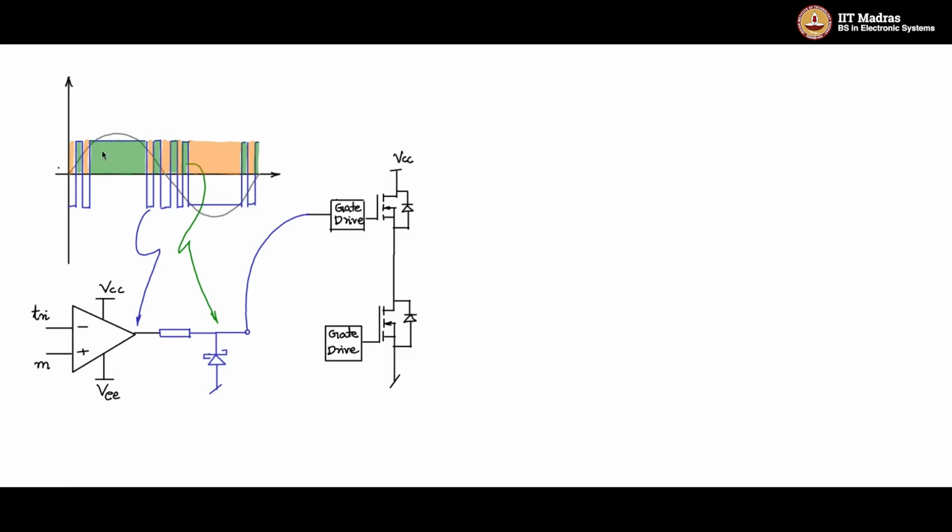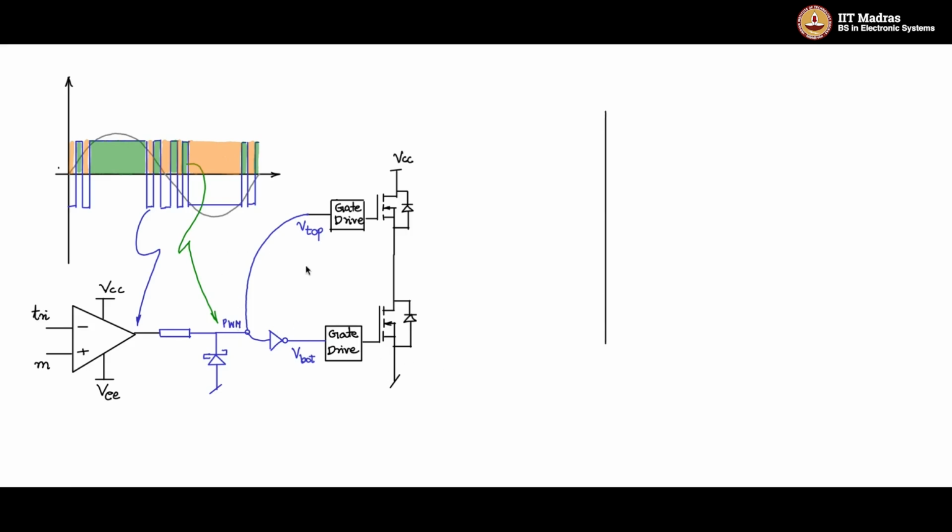So basically the green inverted portion is the orange part. We can put an inverter and then give it to the gate drive of the bottom. Let me do some naming. I'll call this V top, this V bottom, and this PWM.